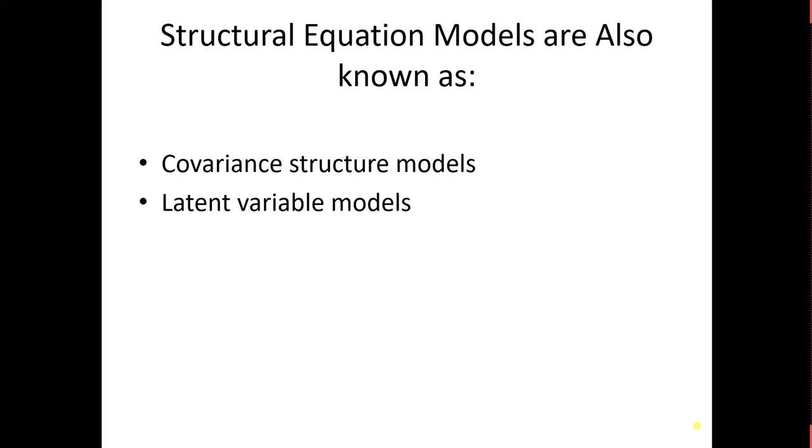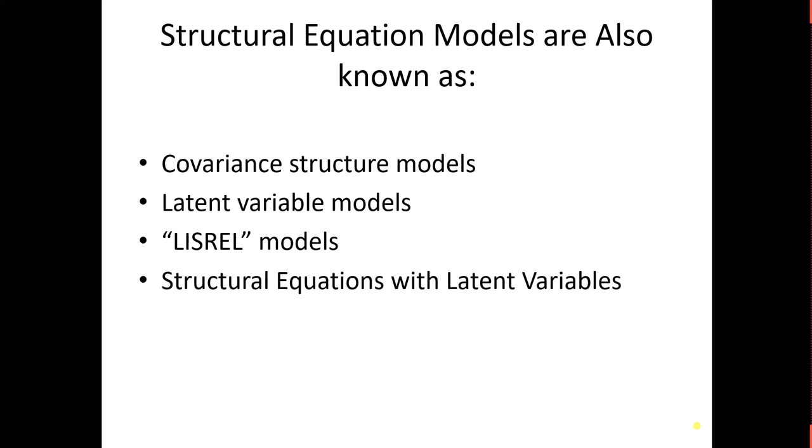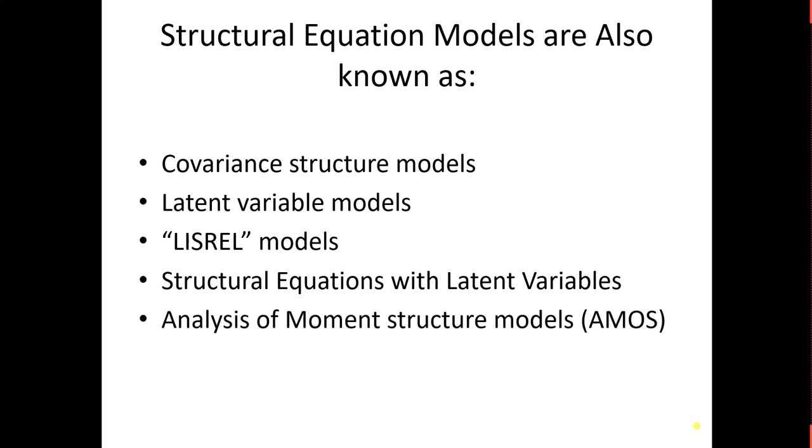There are other terms that are used to represent structural equation models. Covariance structural models is another name for a structural equation model. Similarly, sometimes it is called latent variable models, linear structural relationship models, or in brief, LISREL models, structural equations with latent variables, or analysis of moment structure models.